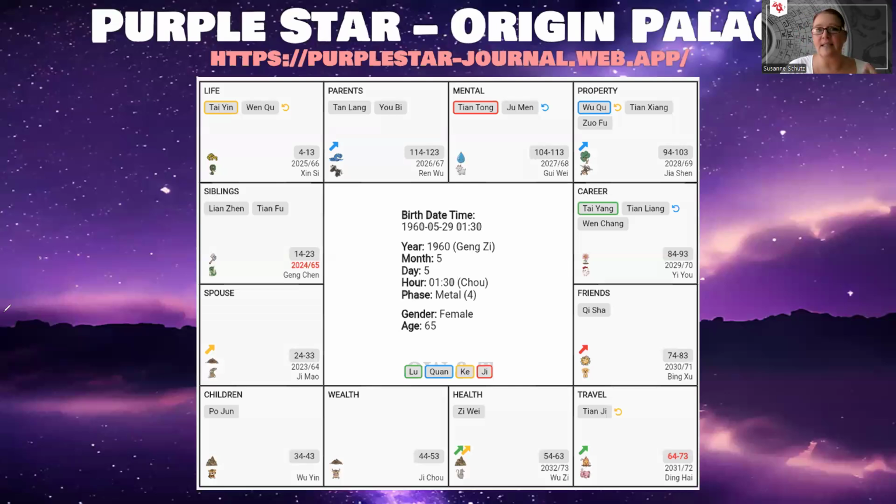The origin palace in the Ziwei Doushu chart, or in the purple star astrology chart, is the palace that has the strongest energy. It's also your decision-making palace, and it influences how you take decisions in life. Important decisions, not just day to day, like should I go to the hairdresser today or tomorrow? It's about important decisions. What are big decisions?